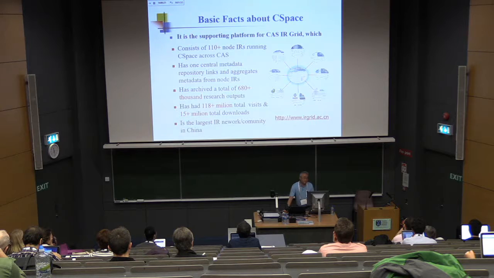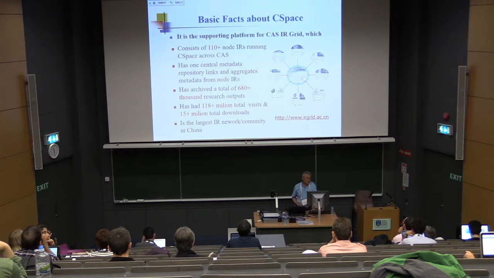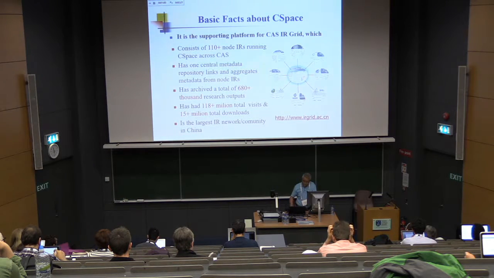It also has one central metadata repository that links and aggregates metadata from the IRs. It has now achieved a total of 608,000 research articles, 118 million total visits and 15 million total downloads. At the current stage, we can say it is the largest IR network, or largest IR community, in China.